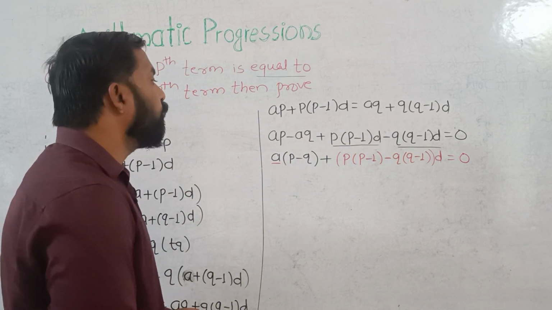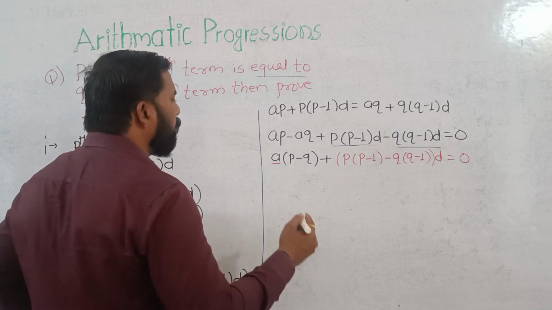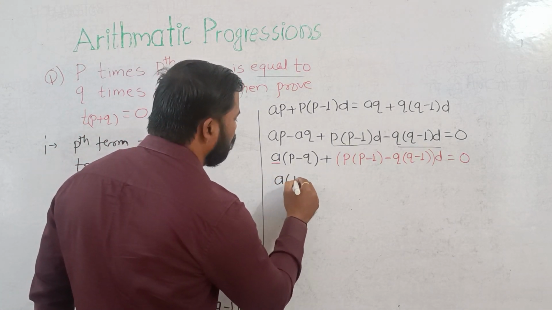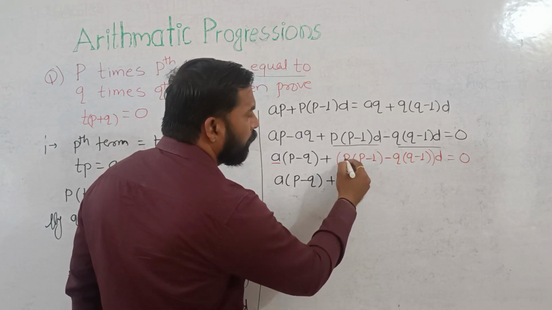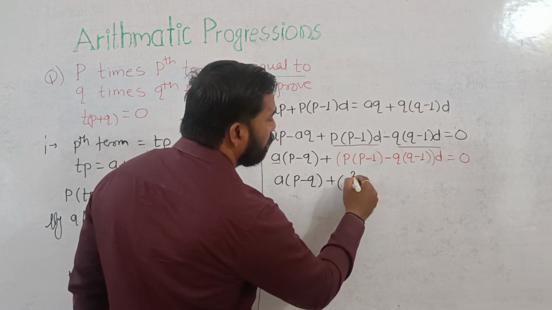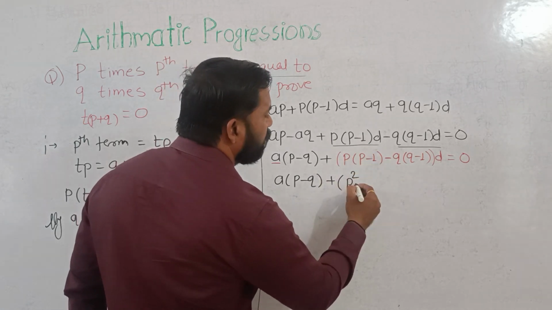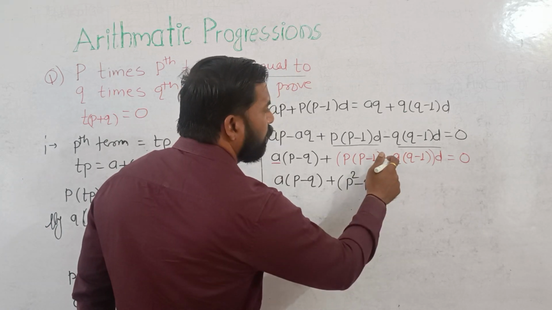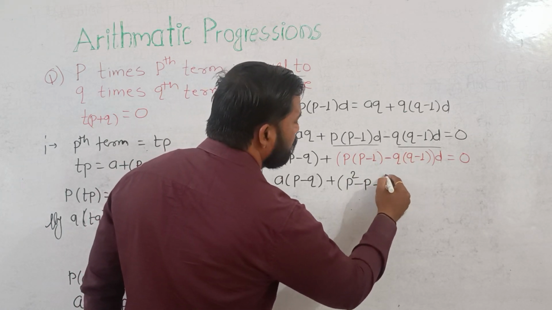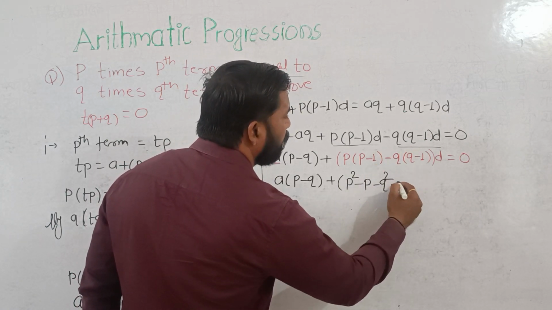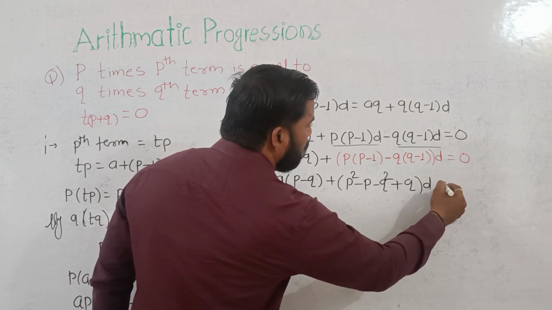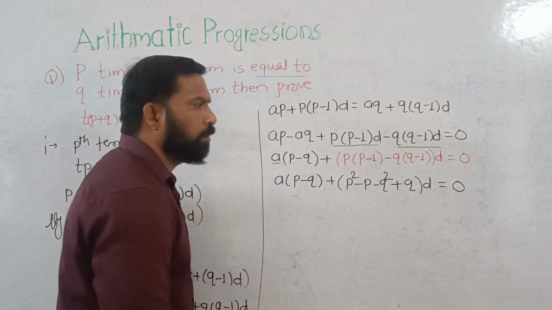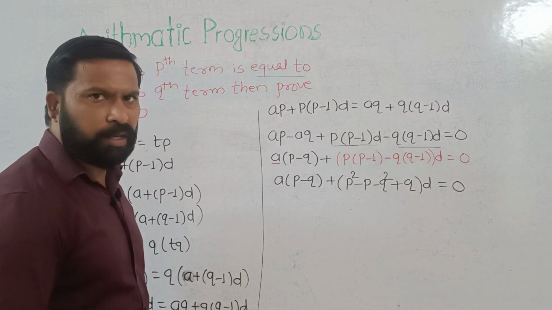Now this part will remain as it is, a into (p minus q). Solve the bracket: p into p, p square; p into minus 1, minus p; q into q, minus q square; negative, negative, positive, q; d as it is outside, which is equal to 0. We have solved them in this way.